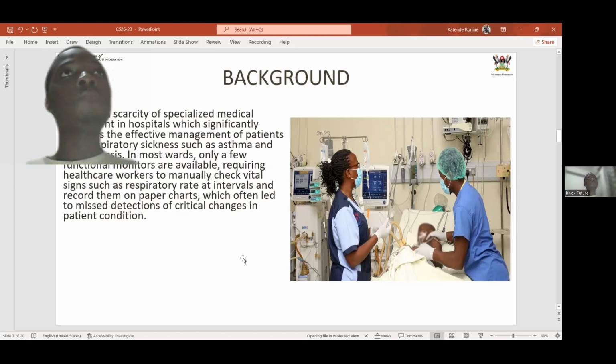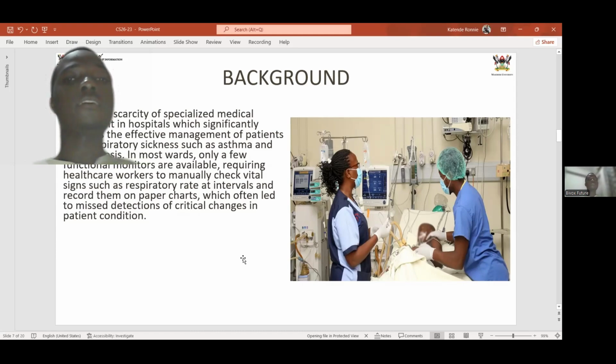We shall need systems that are able to classify that this person who has made this crackle has pneumonia, and this person who has made this crackle or whistle has asthma or tuberculosis. In most wards, only a few functional monitors are available, requiring health workers to check vital signs such as the respiratory rate at intervals and record them on paper charts, which often led to missed detections.